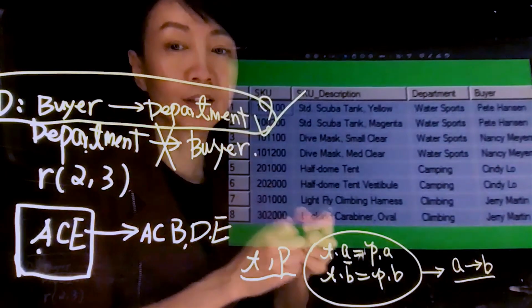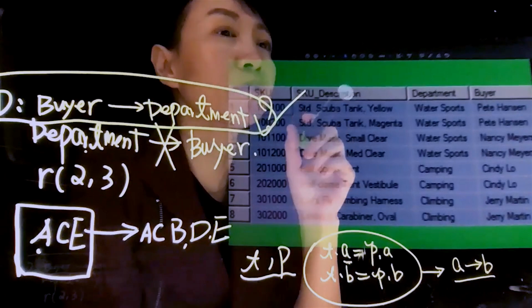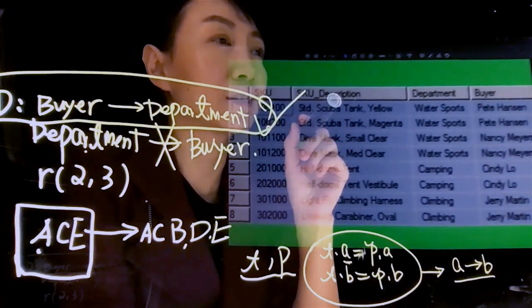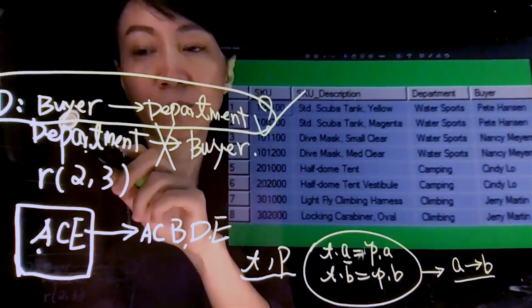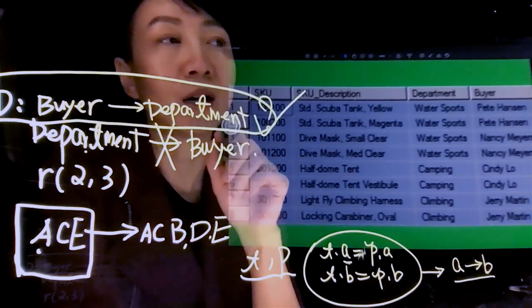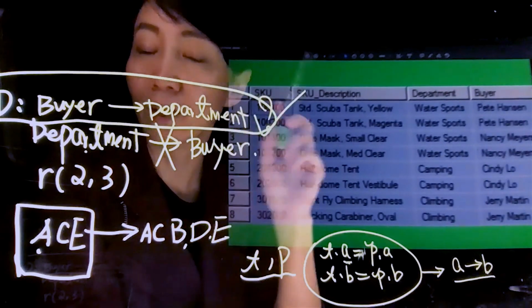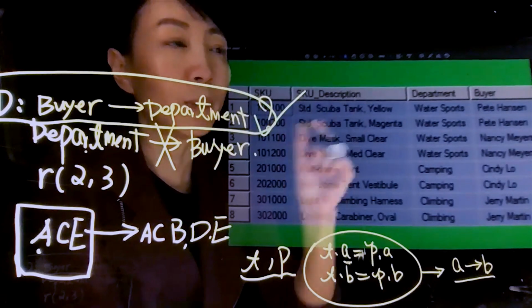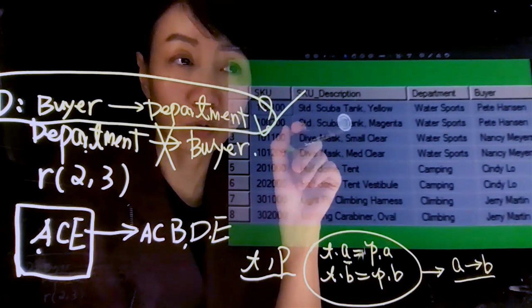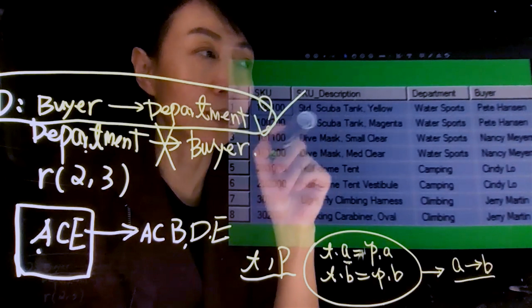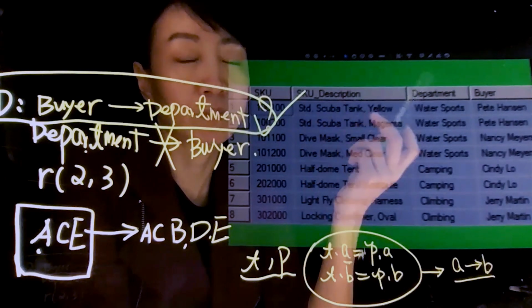Okay, then let's continue looking for any other functional dependence. Since bio can determine department, can bio determine other attributes? Can bio determine skill description or skill? Now, very easy.